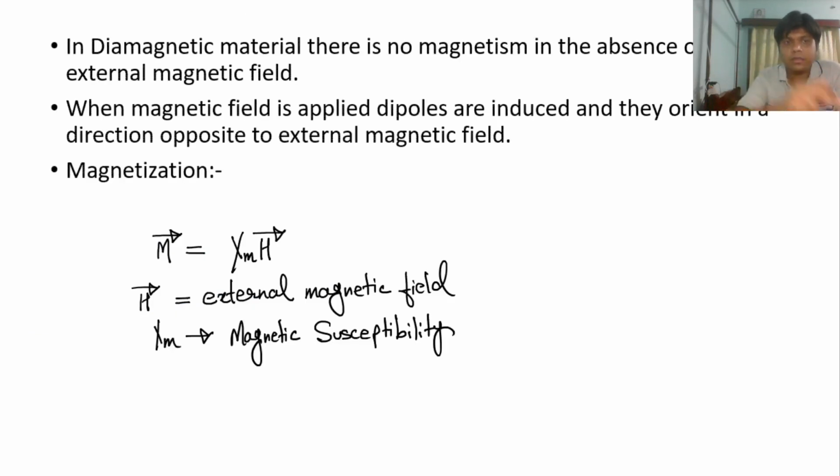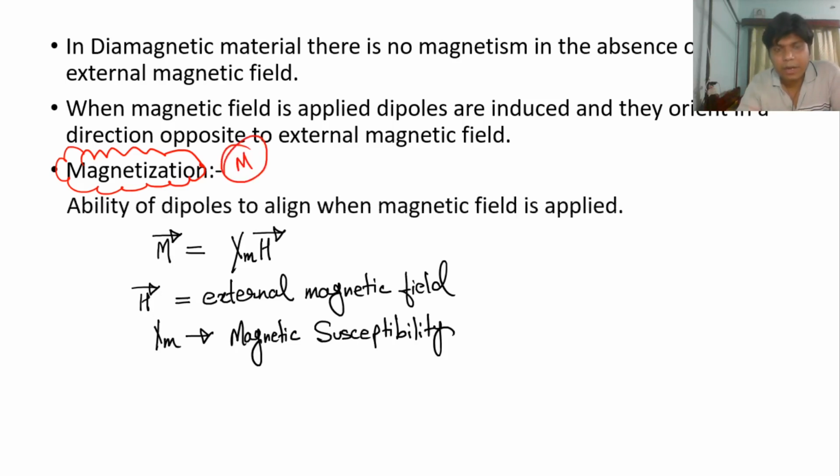Let us try to understand the term magnetization. Magnetization is generally represented by capital M, and it means the ability of dipoles to align when a magnetic field is applied. Mathematically, magnetization is equal to the product of the magnetic susceptibility and the external magnetic field.